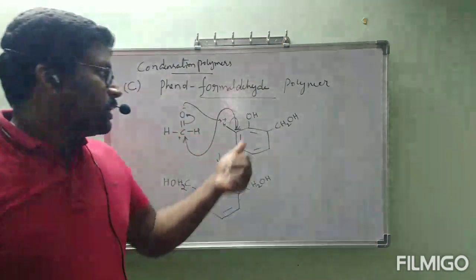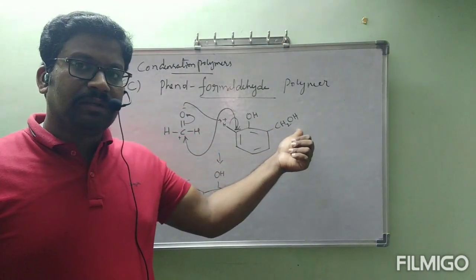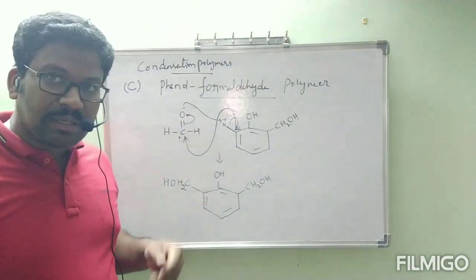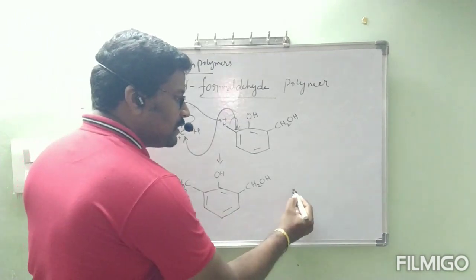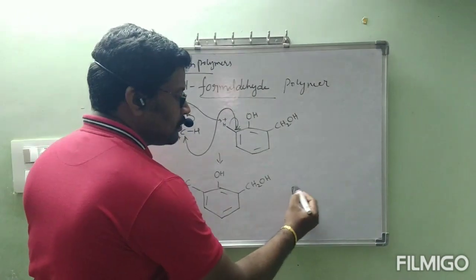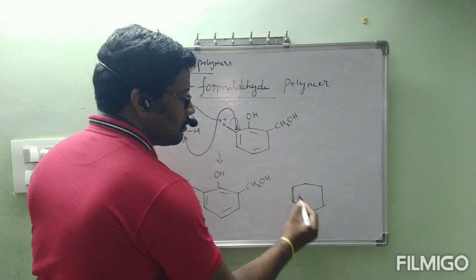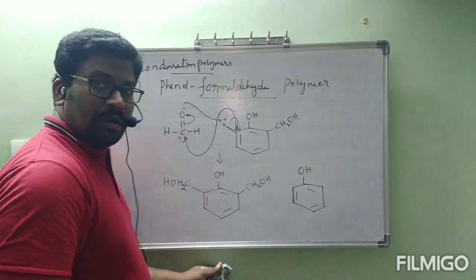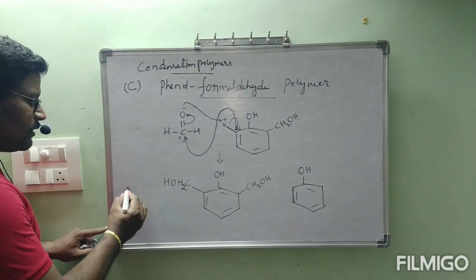In one ortho position we have CH2OH. In the other ortho position also we have CH2OH. Correct? Observe. Here I wrote one phenol, and here I wrote another phenol.